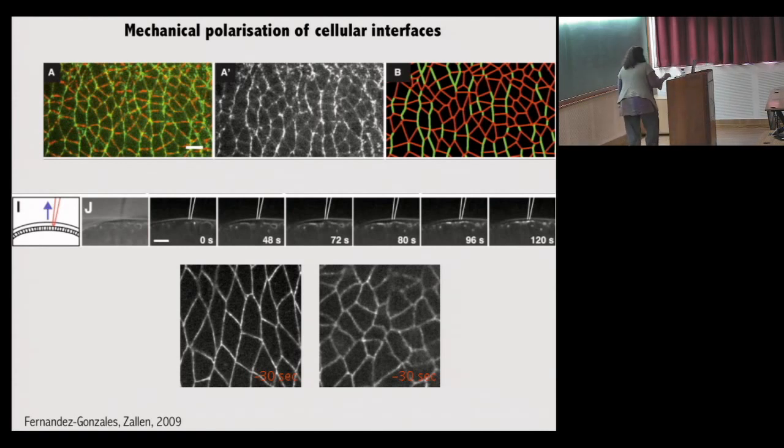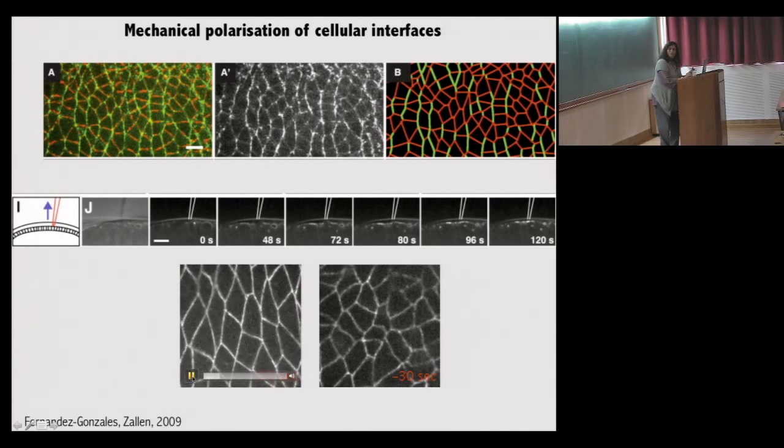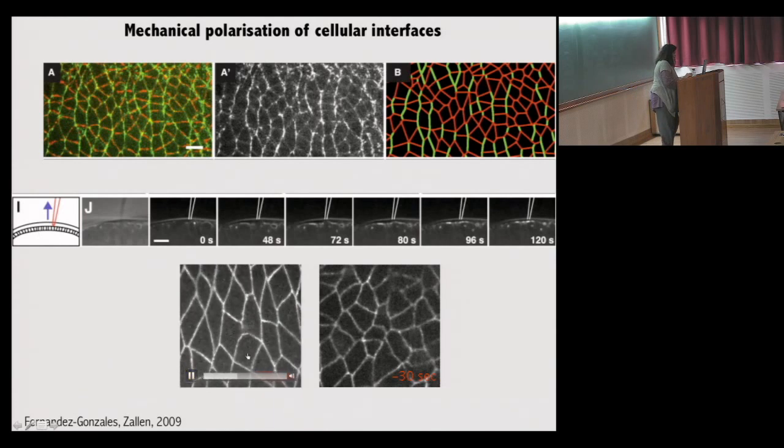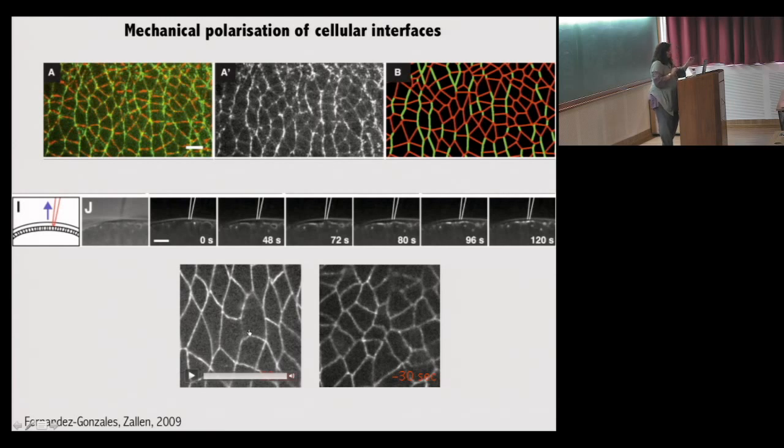And essentially what people found by doing experiments of this kind, which you'll see here, is a very short movie. Right, so that's the interface that was cut. And you will see that the two ends actually retracted from each other. So these were DV-oriented interfaces.